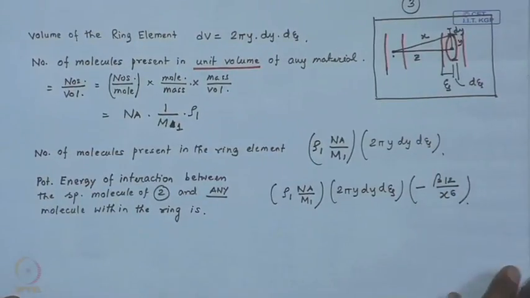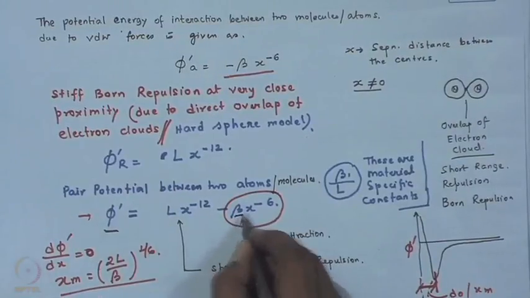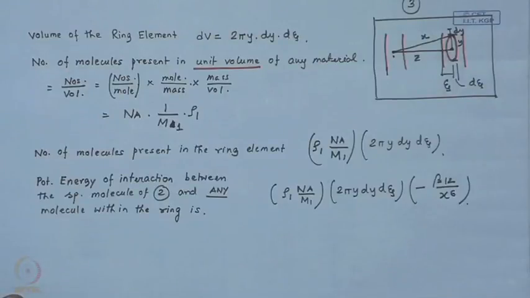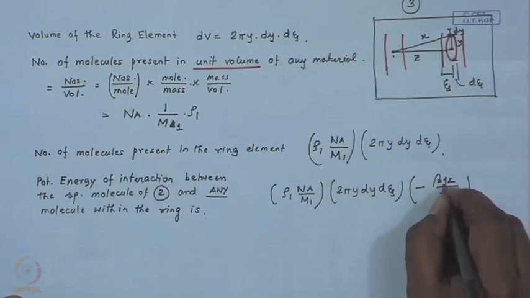Okay. So, beta 1 2 is the material specific property we talked about. Since we have two materials over here, 1 and 2, therefore, we have used the suffix beta 1 2.